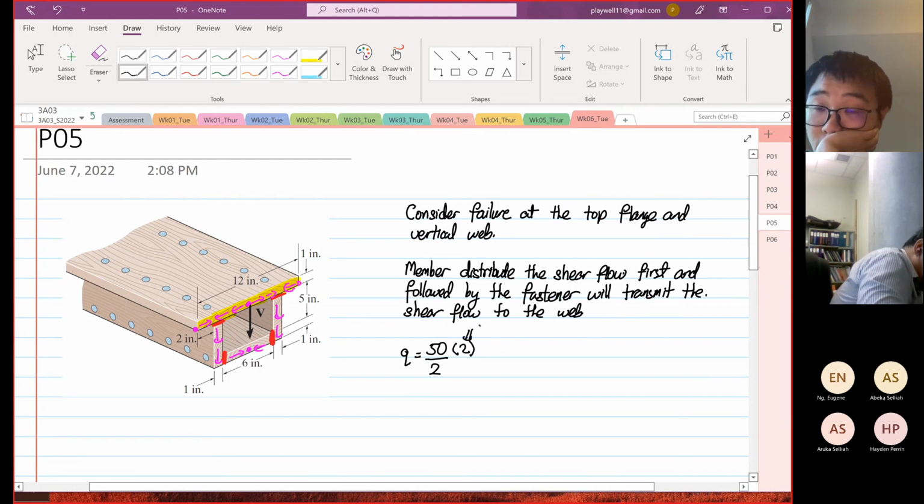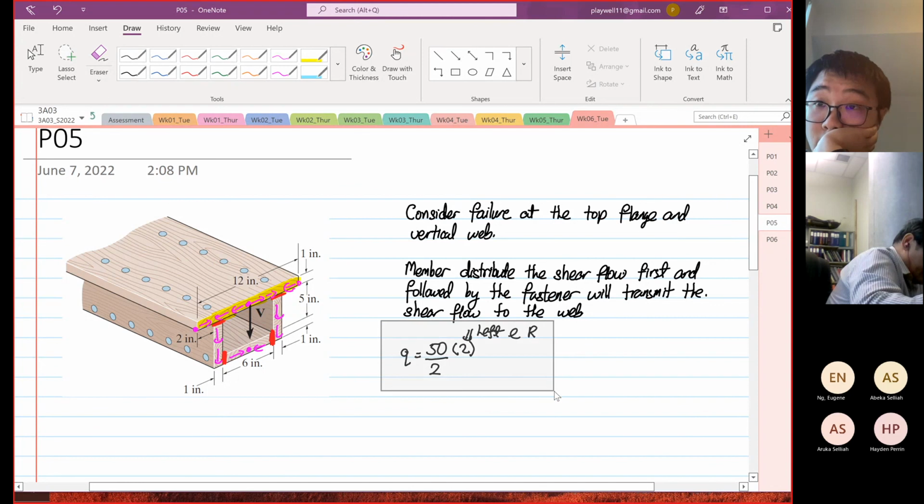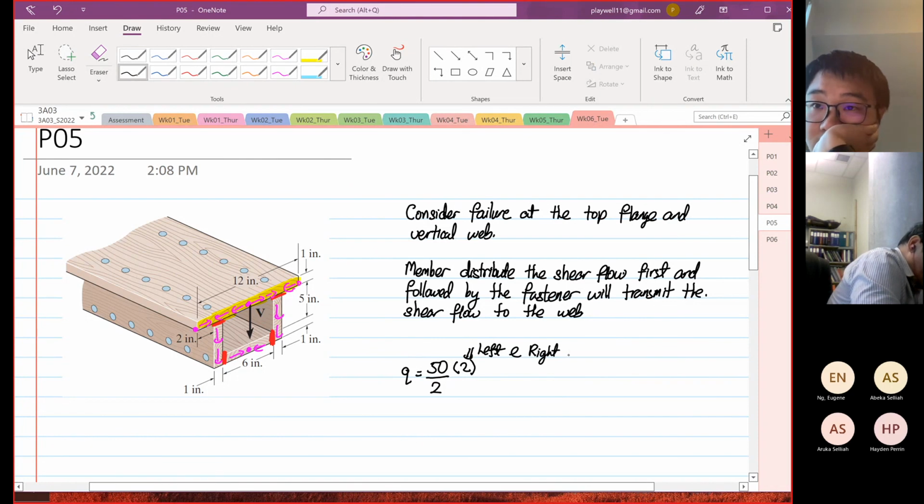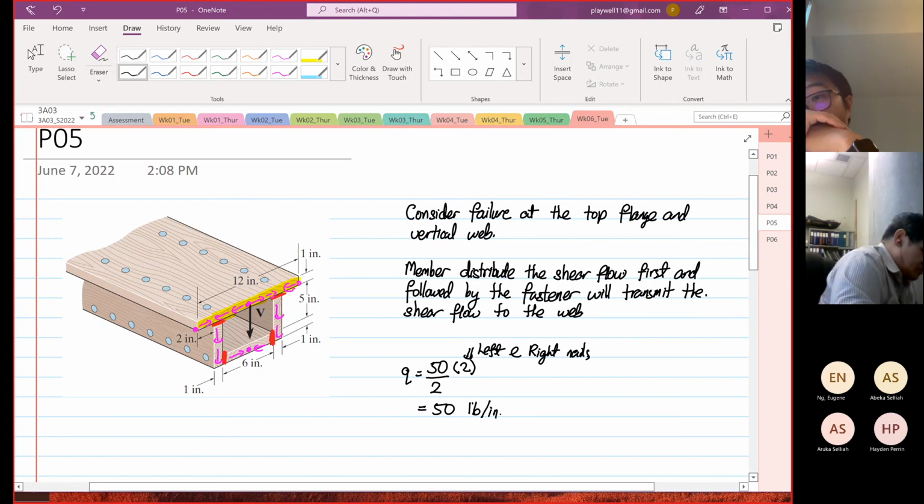This is because of the left and right nails. That's why we do a 2 down there. So this is equal to 50 pounds per inch. Okay, so we know that.